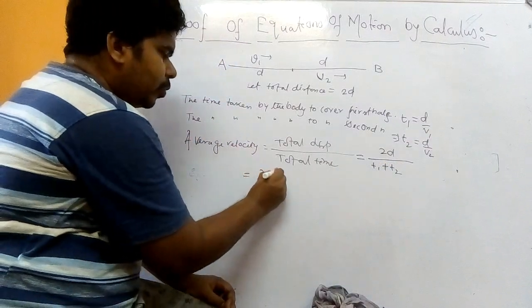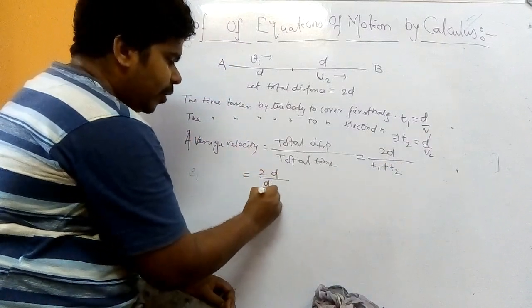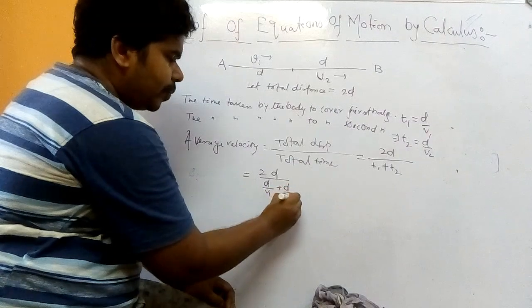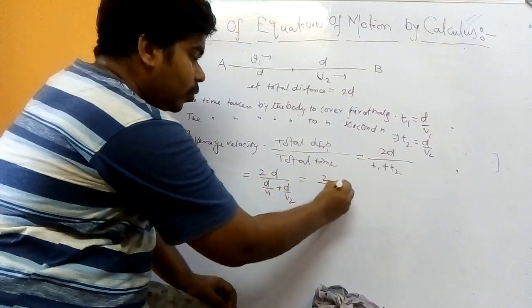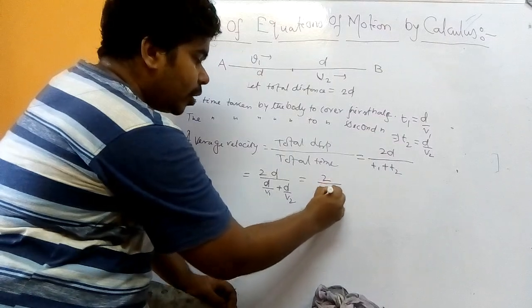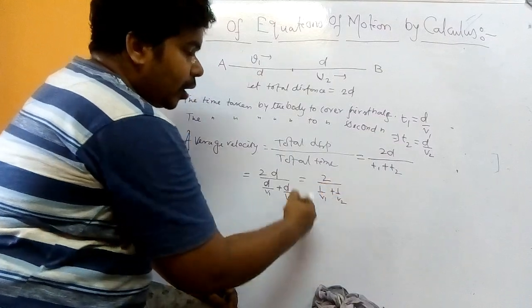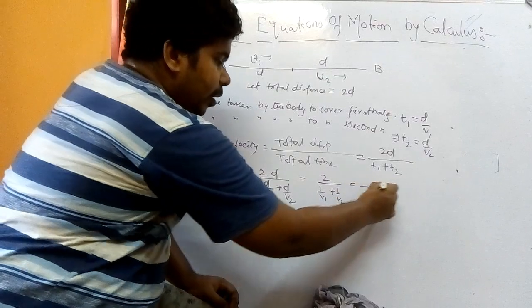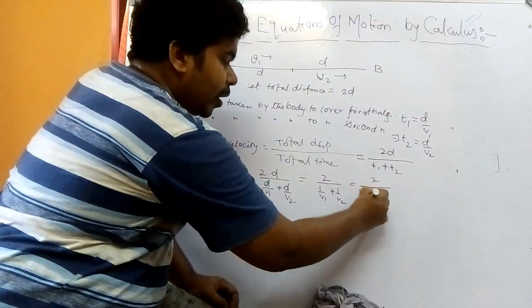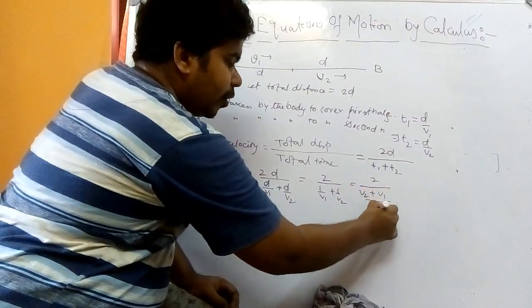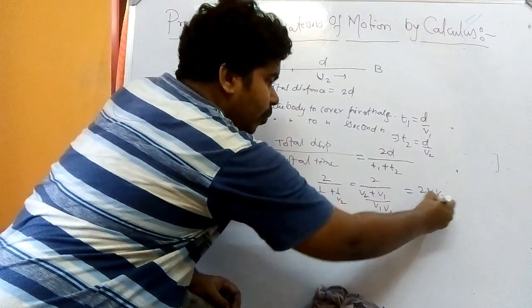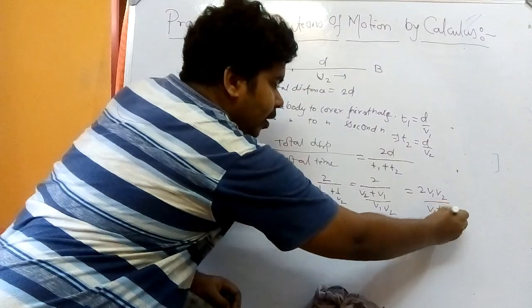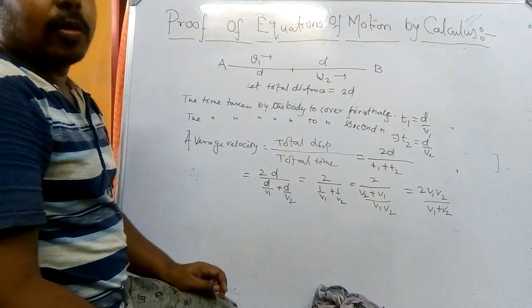So we can write 2d by (d by v1 plus d by v2). If I take d common, d and d will be cancelled, 2 by (1 by v1 plus 1 by v2). If I calculate it, it will come 2 by (v2 plus v1) by v1 into v2, or 2 into v1 into v2 by v1 plus v2. That is the average velocity.